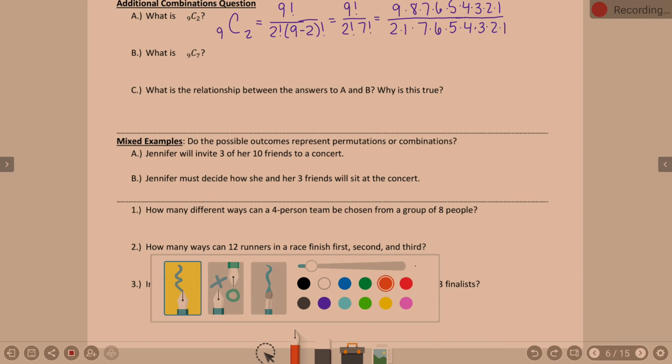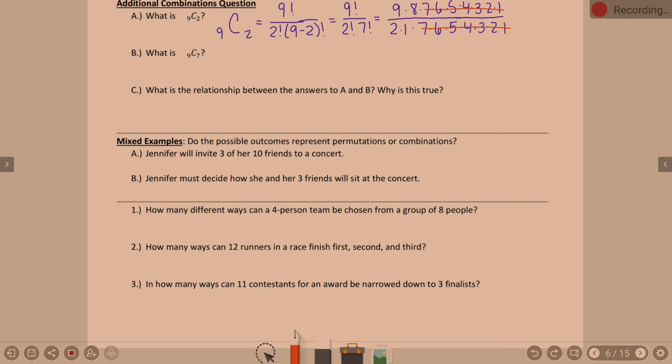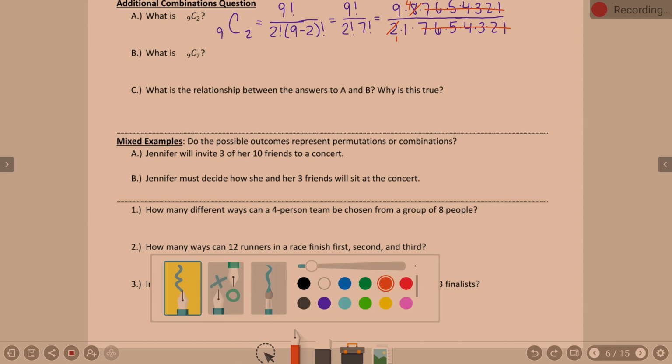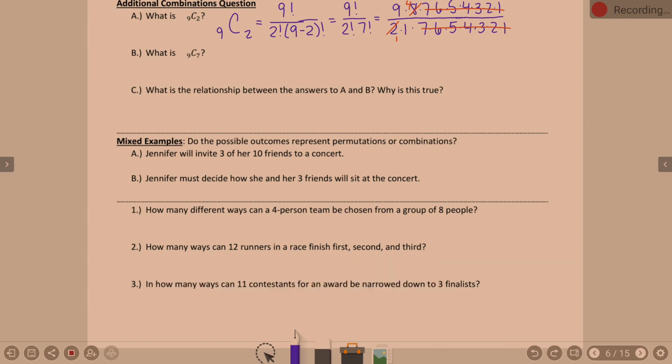What cancels? The 7, 6, 5, 4, 3, 2, 1. Could a 2 cancel? I'm left with a 2 times 1. 2 divided by 2 is 1, and 8 divided by 2 is 4. In my opinion, I just turned this into a problem that does not need a calculator at all. 9 times 4 is 36.